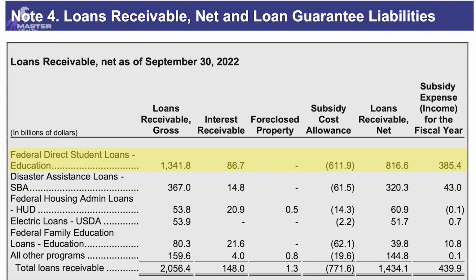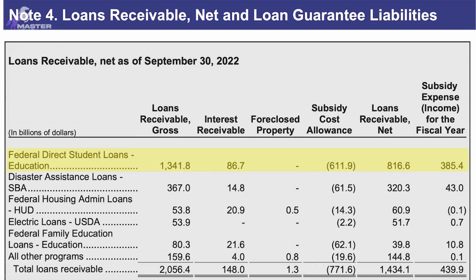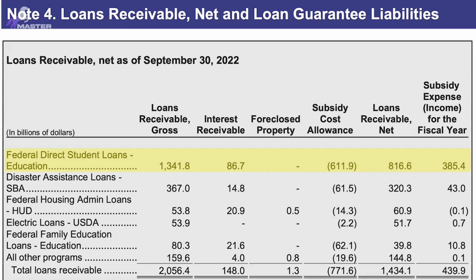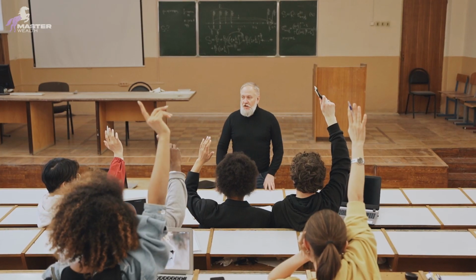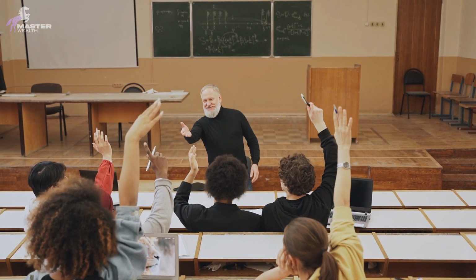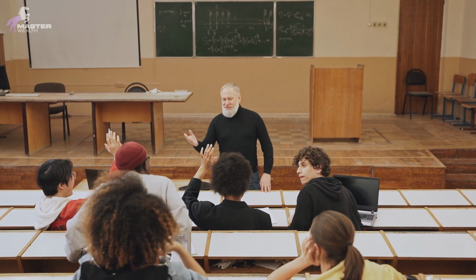The U.S. government issues various types of loans for different purposes, and federal student loans constitute a significant portion of these loans. These loans are extended to students to help cover the costs of higher education, including tuition, books, and living expenses.